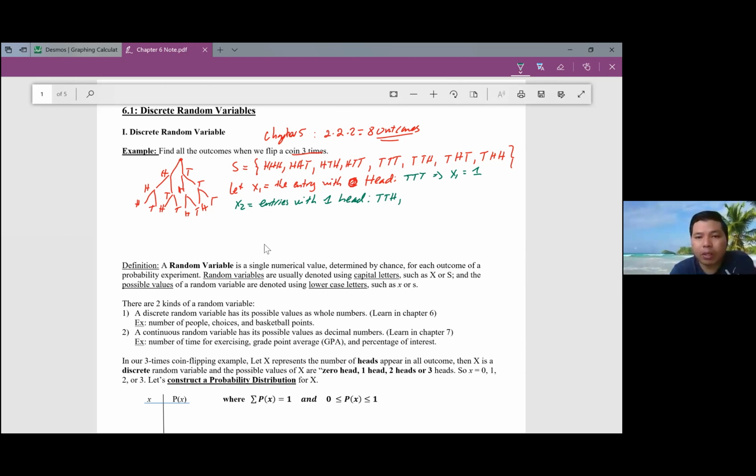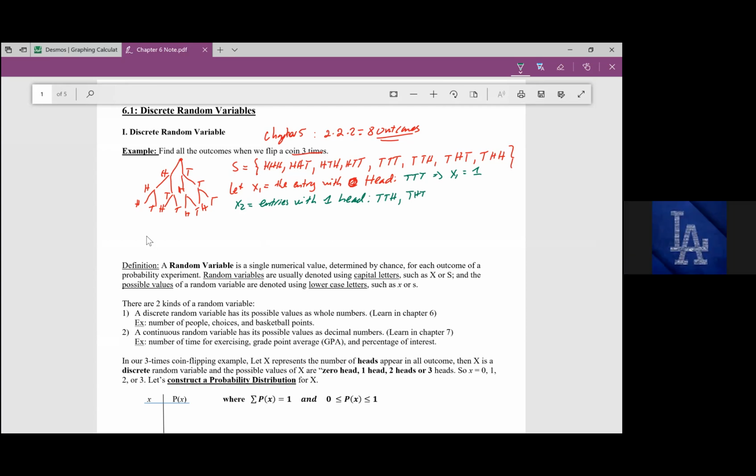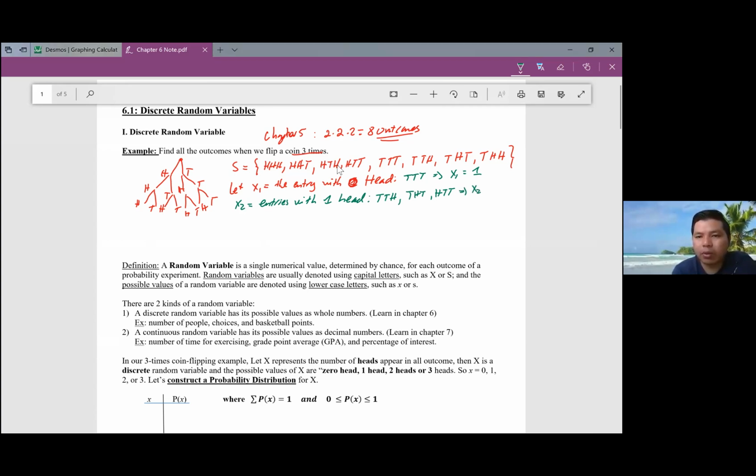What else is in there? Tail, head, tail, that's right, because there's only one head. Is there more? Head, tail, tail. That's it, so those are the only 3. Therefore x2 will be 3.